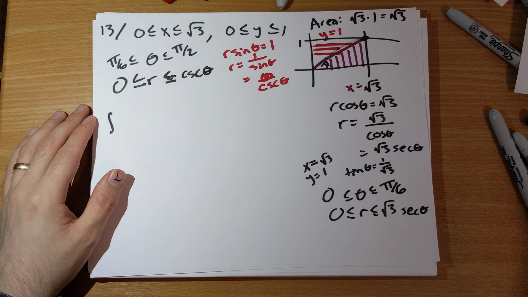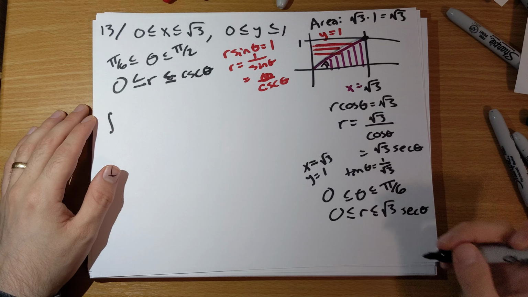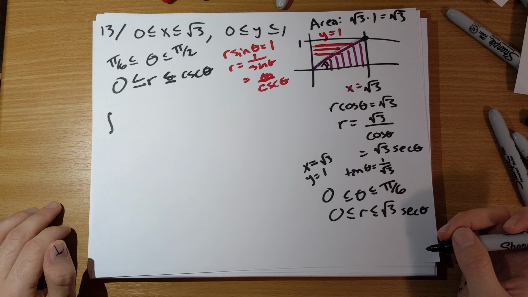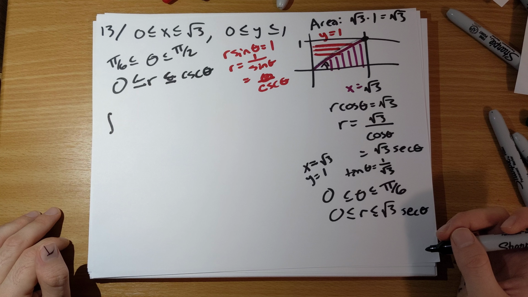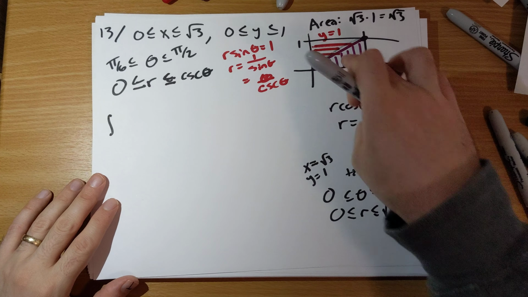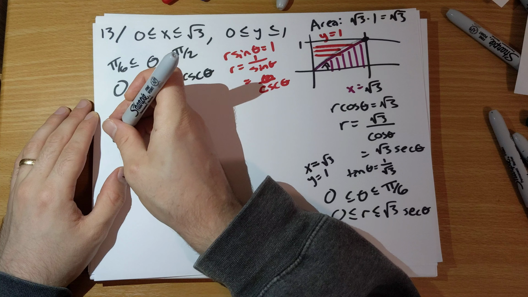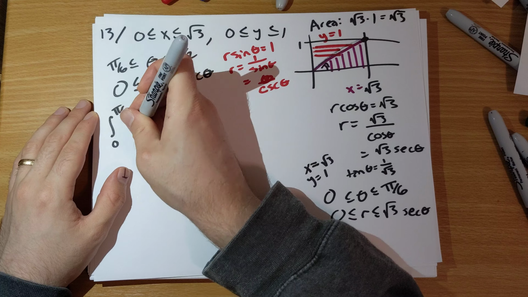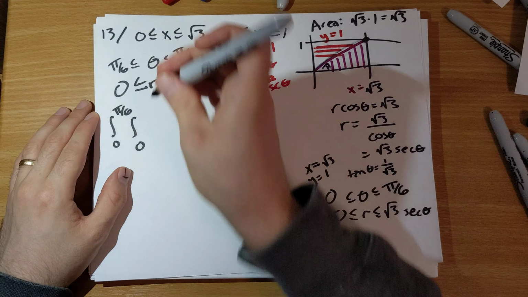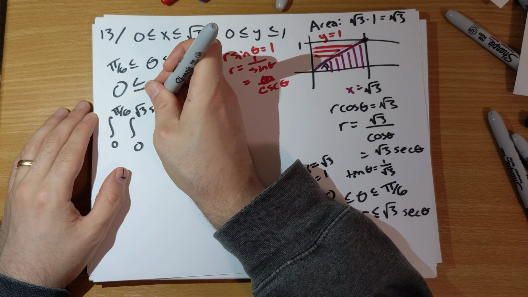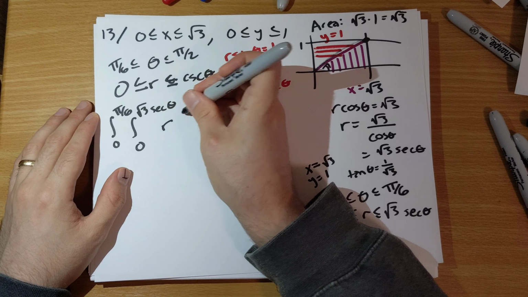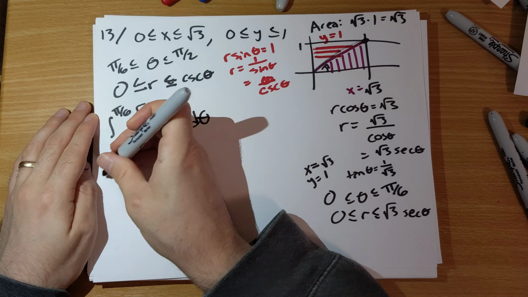Okay, so where are we? Integrating area, the integrand is going to be 1. Of course, it's polar coordinates, so we throw in the Jacobian, r. The lower right triangle: theta runs from 0 to pi over 6, r runs from 0 to square root 3 secant theta, r dr d theta.